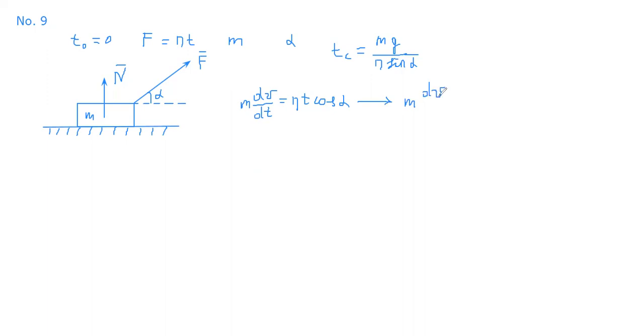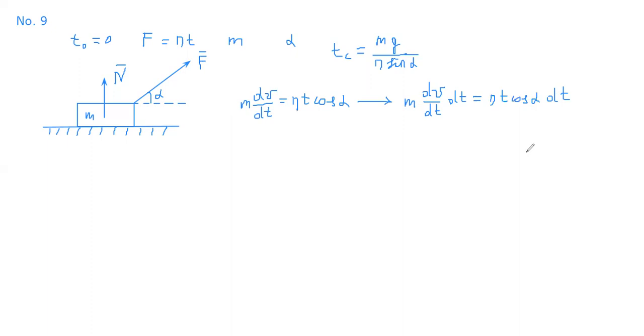m dv by dt multiplied by dt, and we have to do the same action with the right part of the equation: eta t cos alpha dt. Okay, is it clear for the moment?